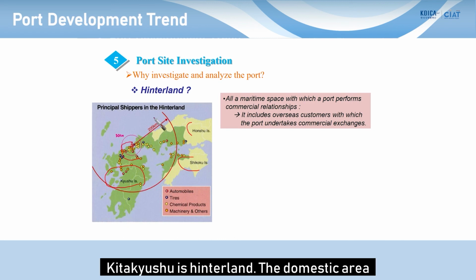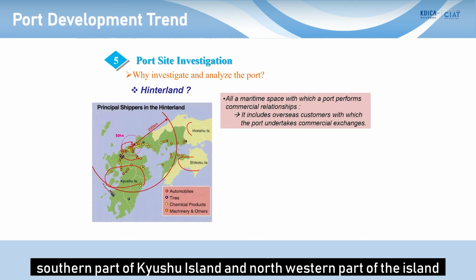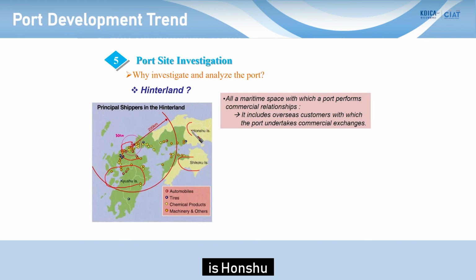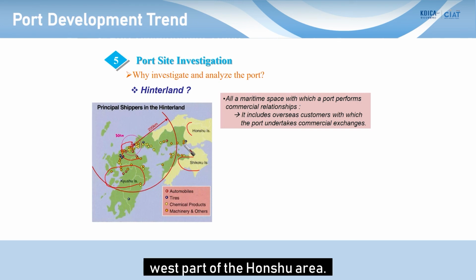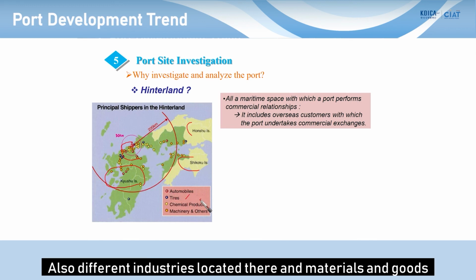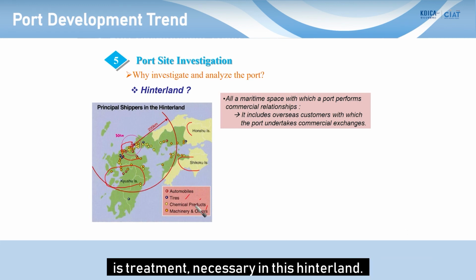Kitakyushu's hinterland as a domestic area is the southern part of Kyushu Island, the northwestern part of Shikoku Island, and the southwest part of the Honshu area. They have lots of different industries located there, and the materials, goods, and treatment are necessary in this hinterland.